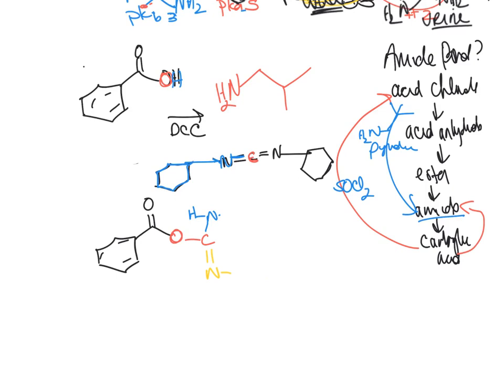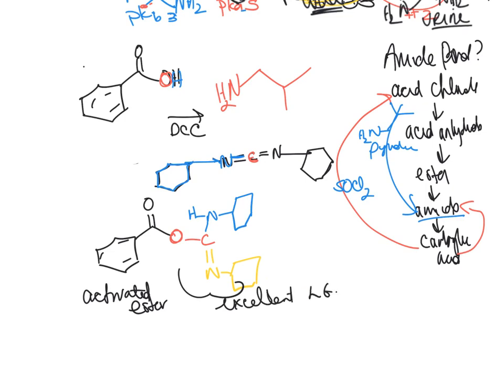Okay. And so this is an activated ester, and we talked about that yesterday with the thionyl chloride. And so when you say an activated ester, this is an excellent leaving group.